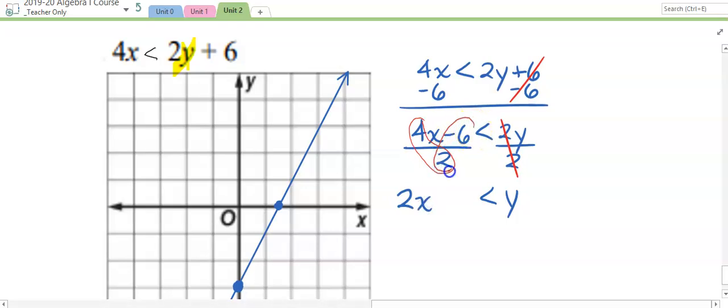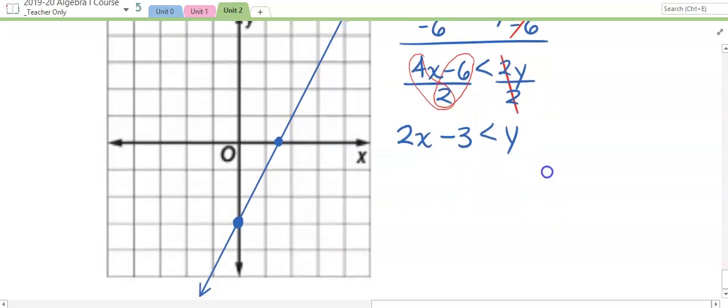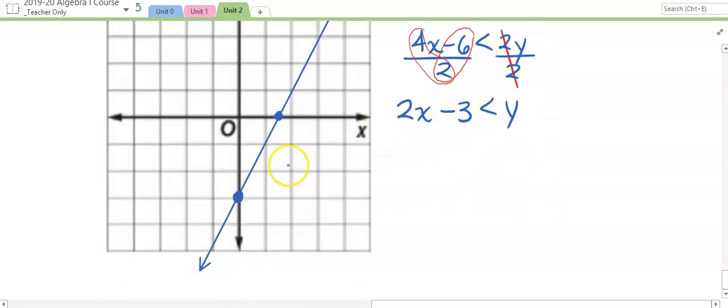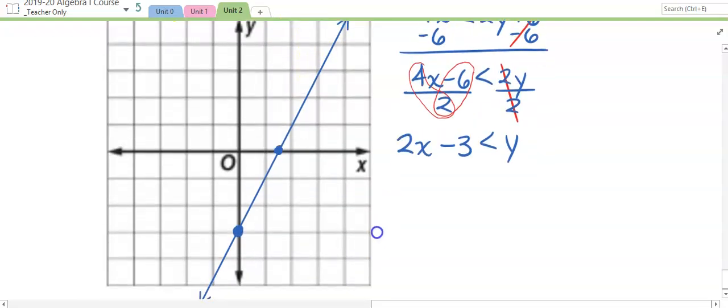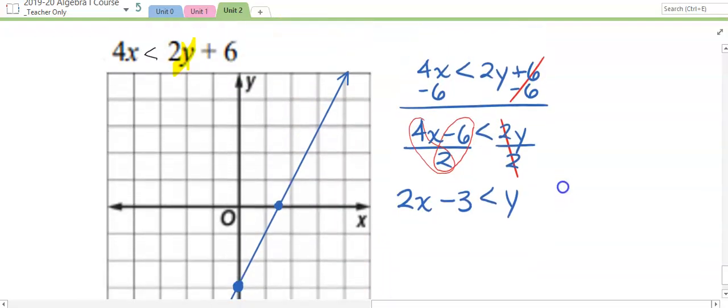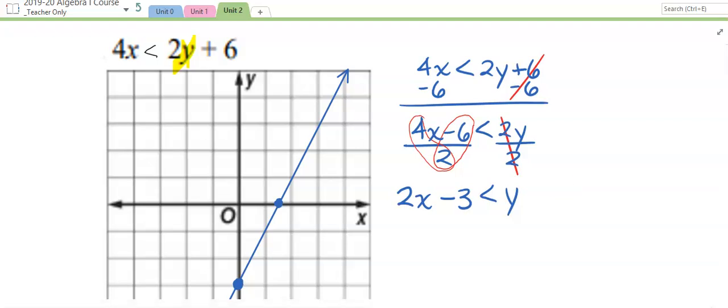Negative 6 over 2 is just negative 3. So this says begin at negative 3 and go 2. Up 2, right 1, up 2, right 1, up 2, right 1, and we get the same line that's already here. This line needs to be dashed.